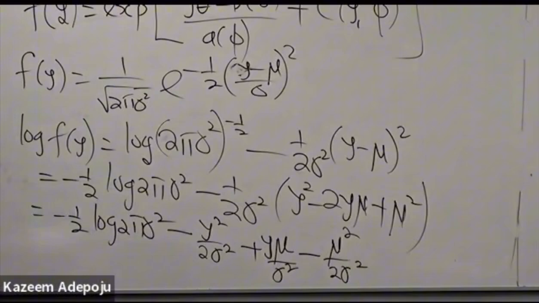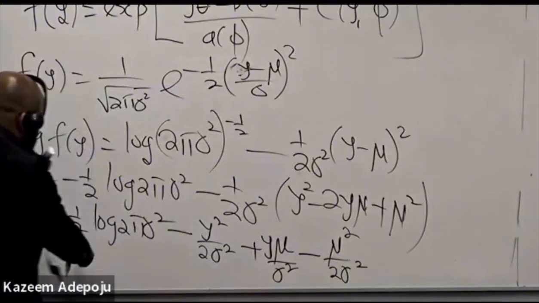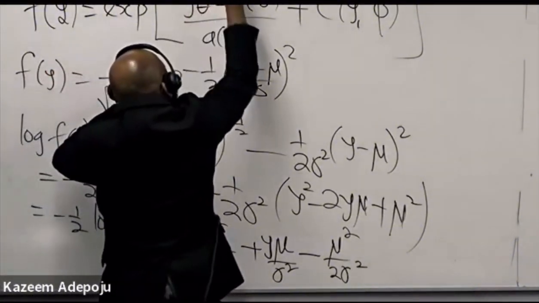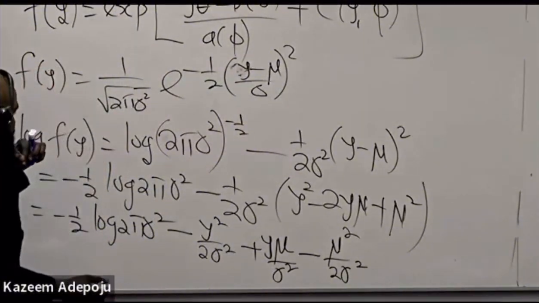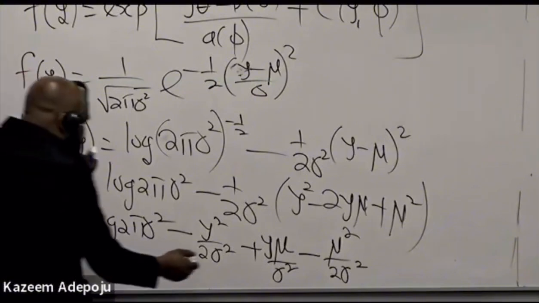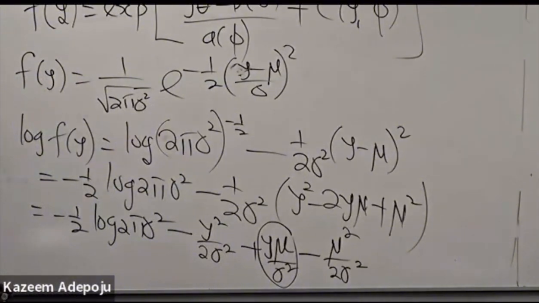If I have a log and I take the exponential, it's the same thing as that. So this guy now, I'm actually going to write exp. Now if you take a look at this, it's divided by sigma squared. That's why you see it in the picture.